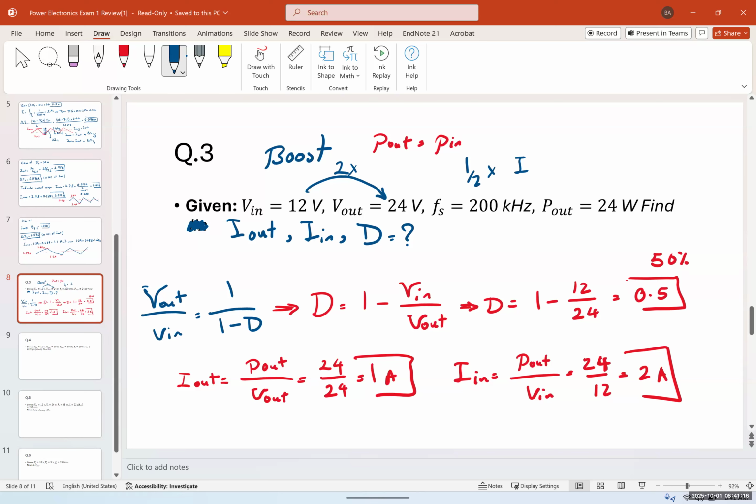Therefore, when you double the voltage, you halve the current. It's the same as an AC transformer with no loss. Voltage goes up, current goes down. The voltage comes down, current goes up in the output. So always the output power and the input power are equal. Therefore, V out times I out would be equal to V in times I in.